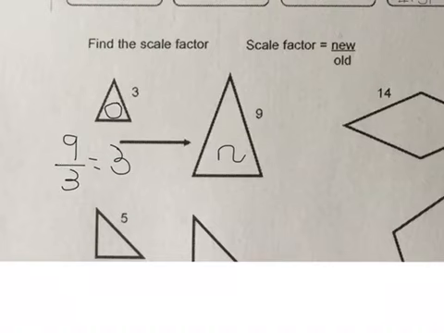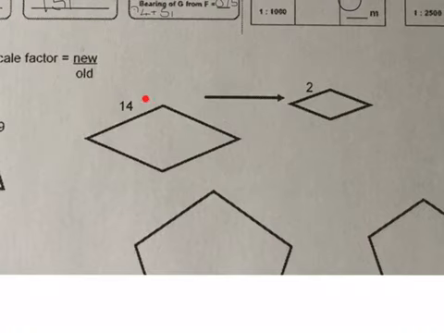Again, this is our old one, this is our starting point. This is the one we're going to, it's our new one. So we have new over old. So 2 over 14, which is going to simplify to 1 over 7.